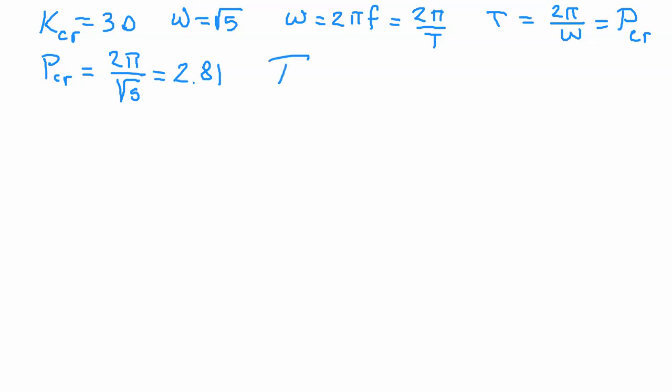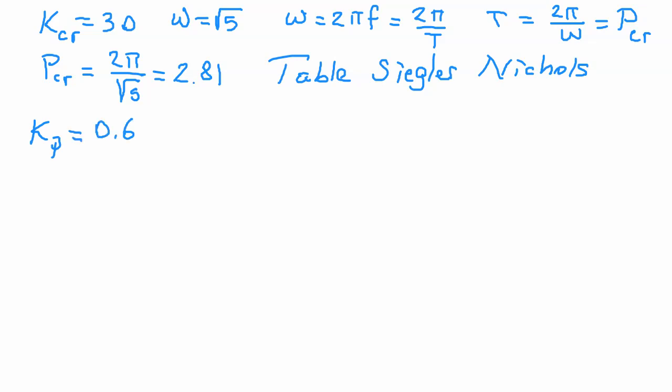Now the Ziegler-Nichols table. We look at the table. Kp is equal to 0.6 times KCR, Ti is equal to 0.5 times PCR, and Td is equal to 0.125 times PCR.